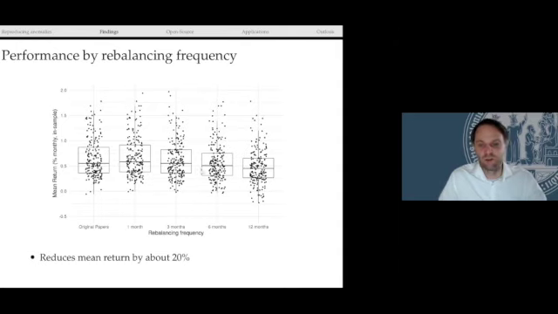So if you rebalance only annually, this reduces the mean return by about 20% relative to 1 month. And this is probably what you would expect. But if you think about trading, you would also need to take into account that higher rebalancing obviously comes with higher transaction costs in the first place.